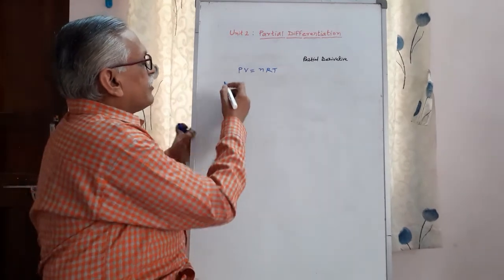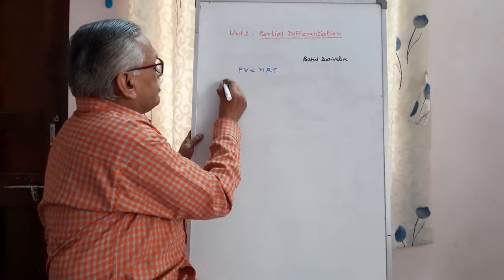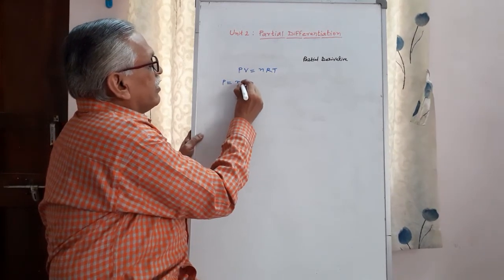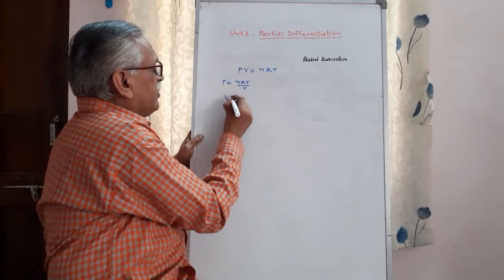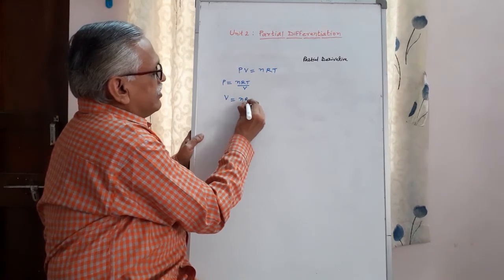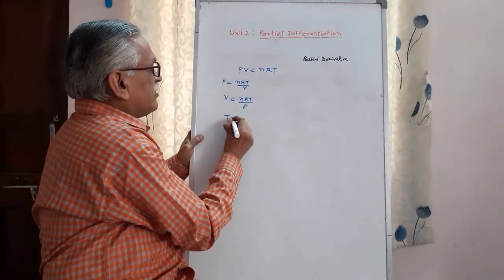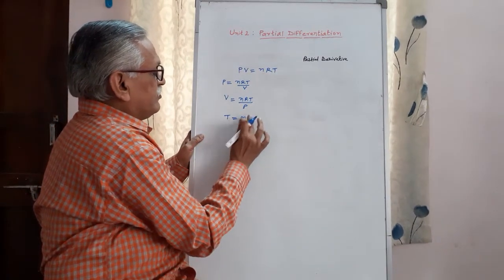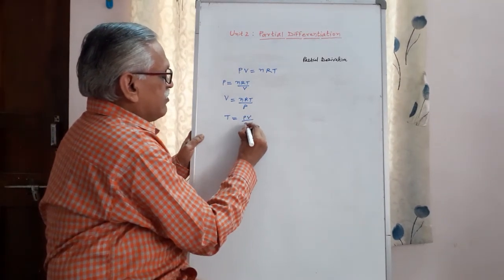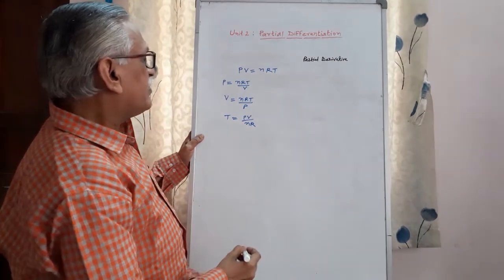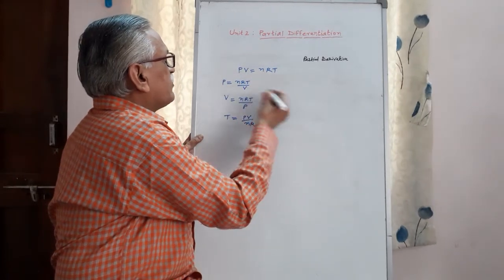Therefore, we can rewrite this equation in three different forms. I can solve it for P. We get P as nRT by V. Then if we solve it for V, we get nRT by P, and if we solve it for T, we get PV divided by nR.